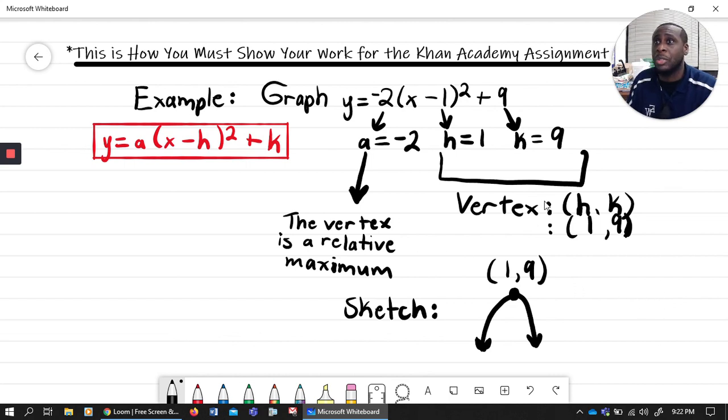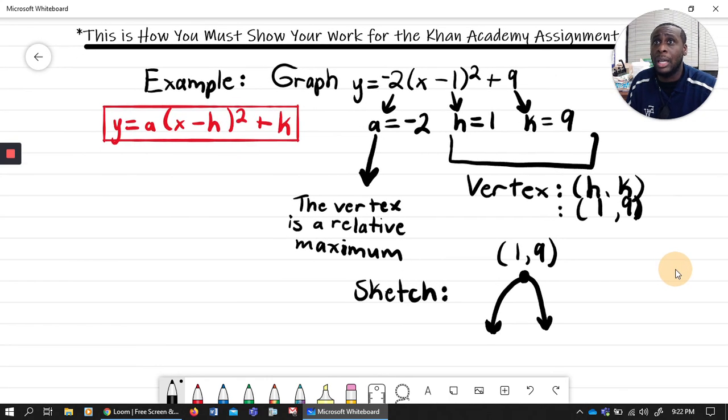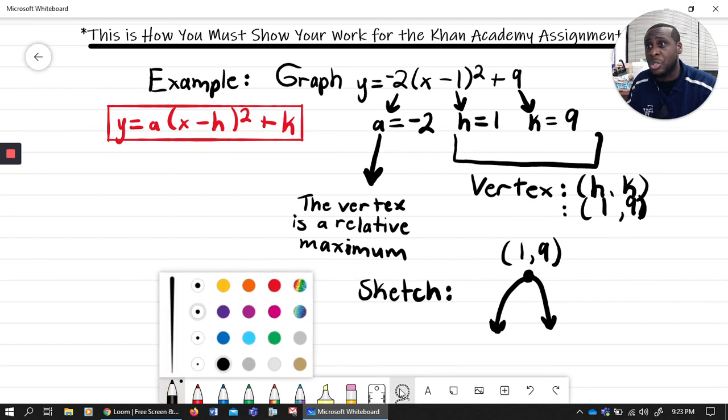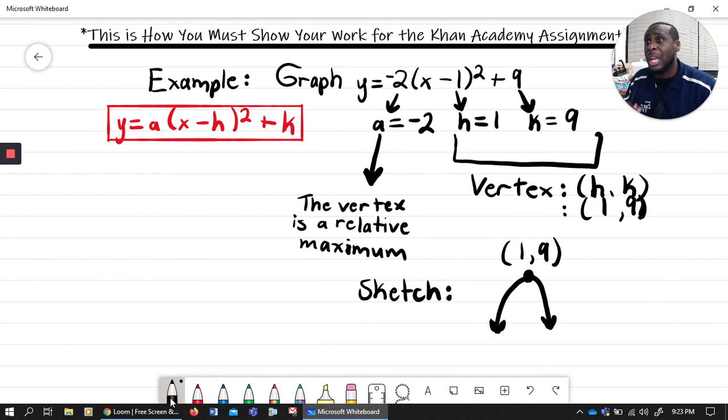And there's one more thing that I'm going to need you to do, because the Khan Academy assignment is asking you to graph. So you're not done yet as far as showing the work for these types of problems. I'm going to need for you to show a table of values.